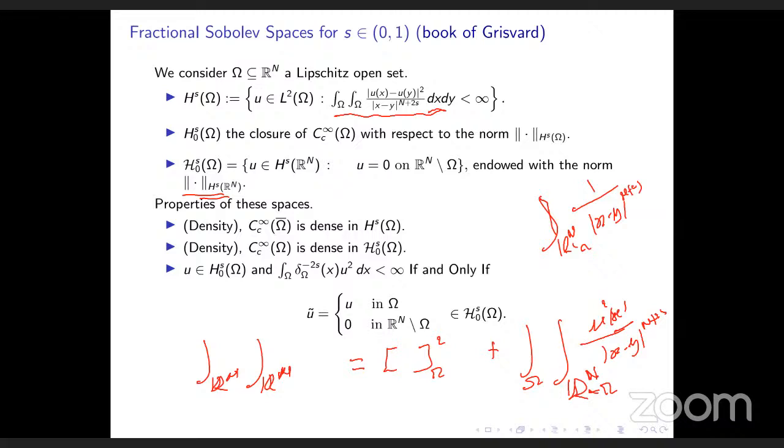So this is the term that is almost equal to the distance function to the x to the minus 2s. And this is the reason why one always has to find out this hard term.